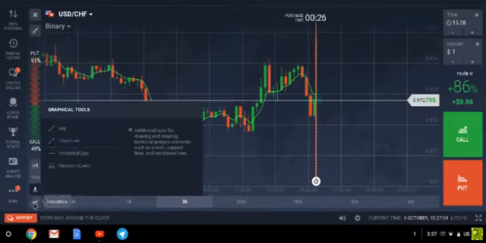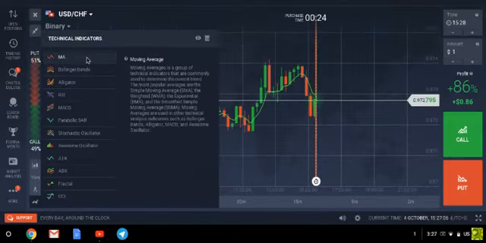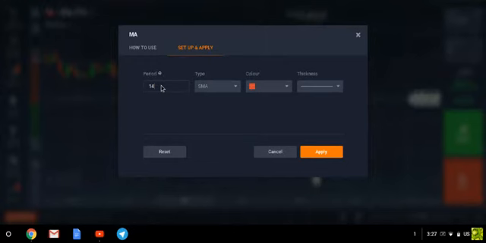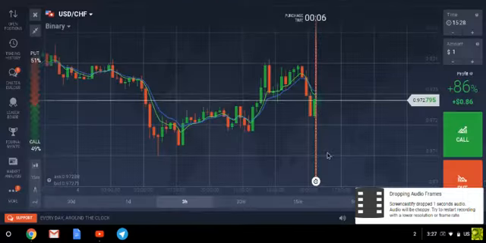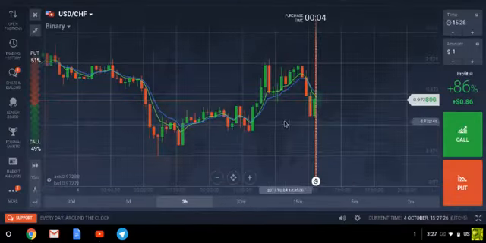Now again we are going to go to the indicators and select another moving average. That's going to be an 8-period moving average, EMA. I'll put it as a blue one. You can put any color, color doesn't matter.